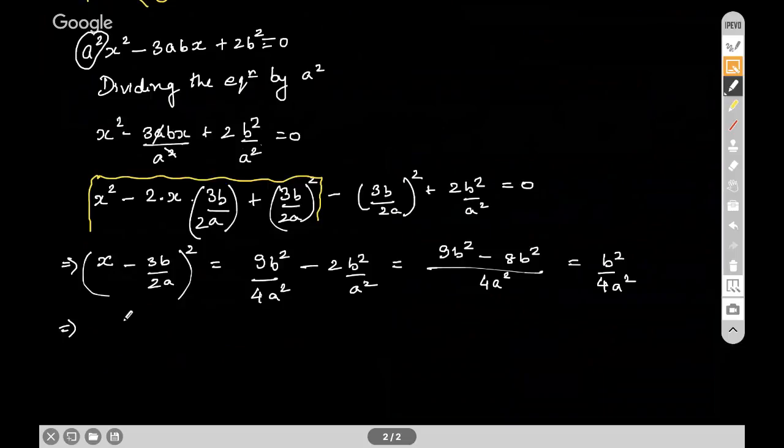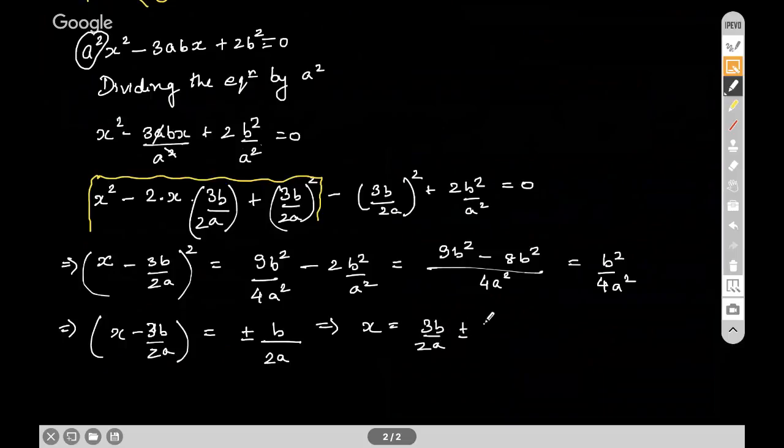Now to remove the square sign, we take the square root on both sides. You get x minus 3b upon twice of a is equal to plus minus b upon 2a. So what do I get as the solution? x is 3b upon twice of a plus minus b upon twice of a. So alpha is 3b plus b upon 2a, which is 4b by 2a, which is 2b by a.